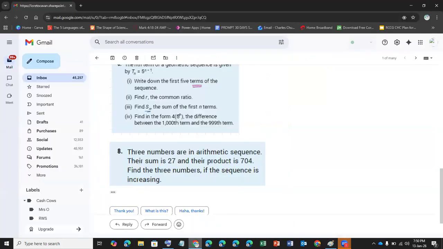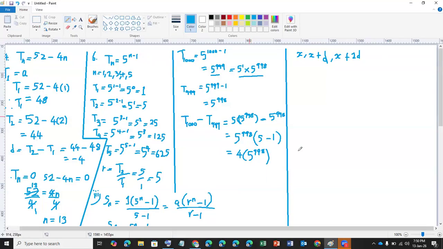What next? They said that their sum is 27. So the next conclusion we'll come to is that their sum is equal to 27.